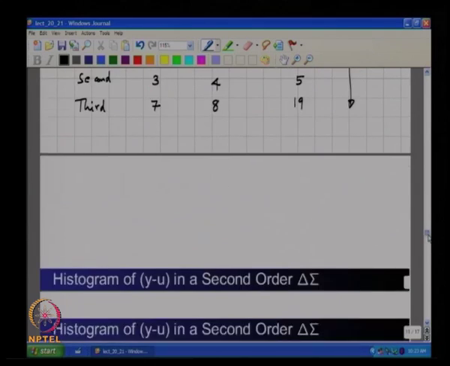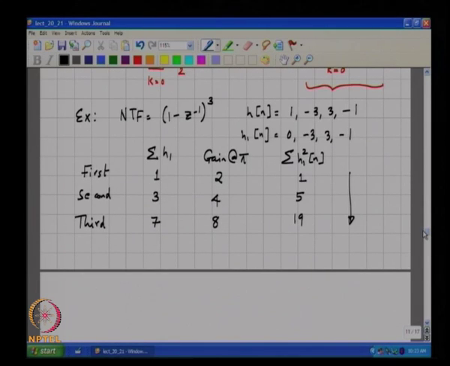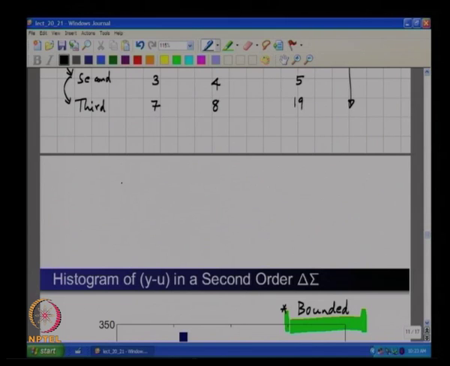So as I said, since we see improvement from first to second and second to third order modulators, the obvious question that arises is why can't I continue this ad infinitum, correct? And in general I will therefore end up with a noise transfer function which is of the form 1 minus z inverse whole to the n.